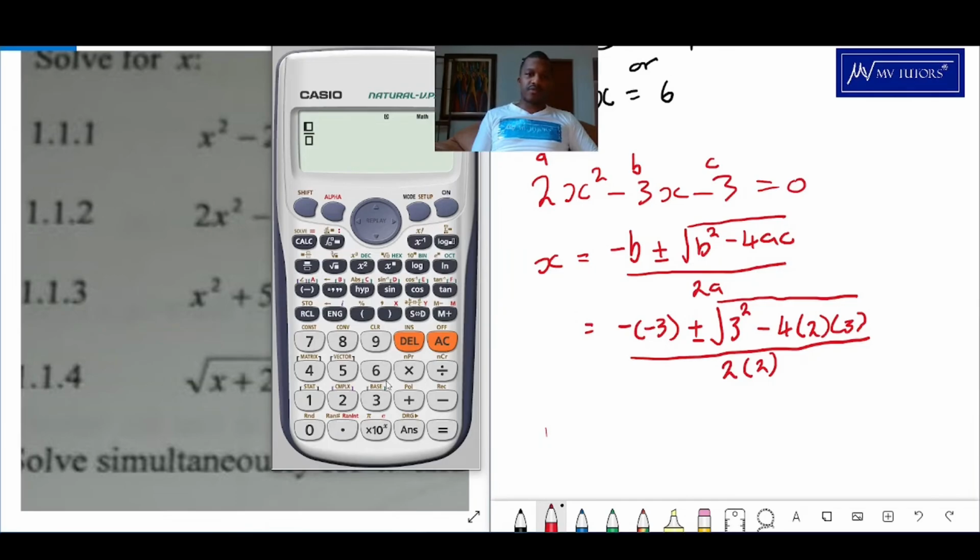So here I'm just gonna put a +3, because if I multiply a negative and a negative, I get a positive, and I'm gonna add that, put the square root sign, and then we're gonna go 3 squared minus 4 times 2 times a -3 times a -3.